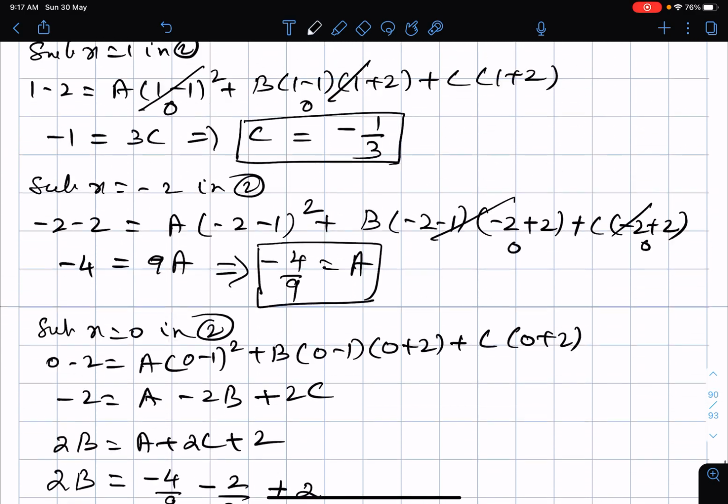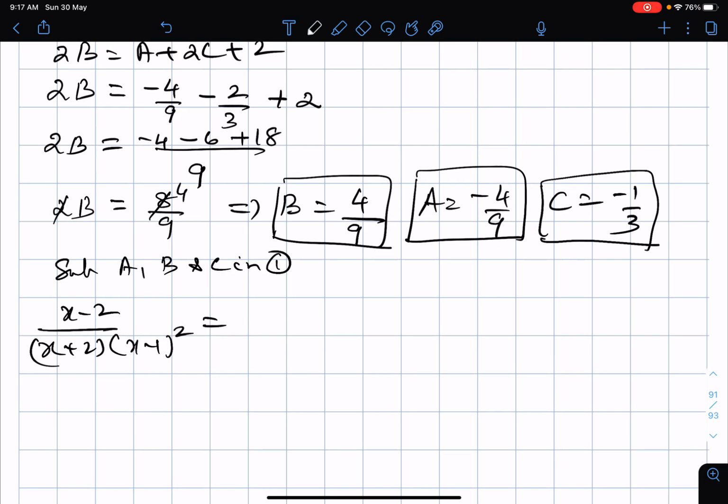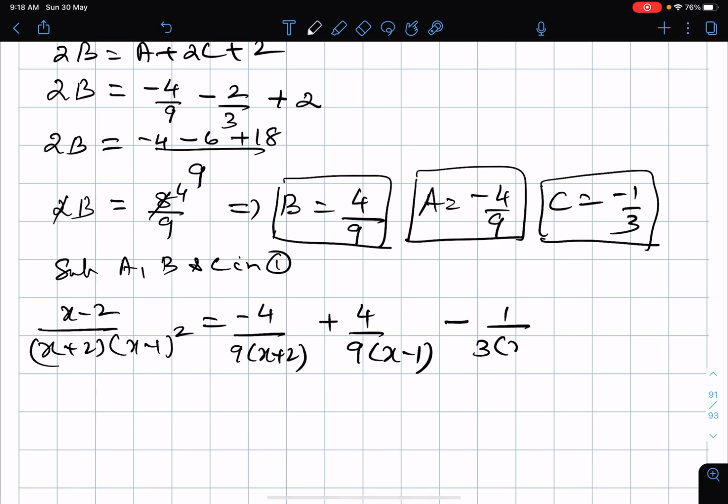What is our a? Minus 4 by 9 into (x plus 2), plus 4 by 9 into (x minus 1), minus 1 by 3 into (x minus 1) the whole square. So this is going to be our final answer.